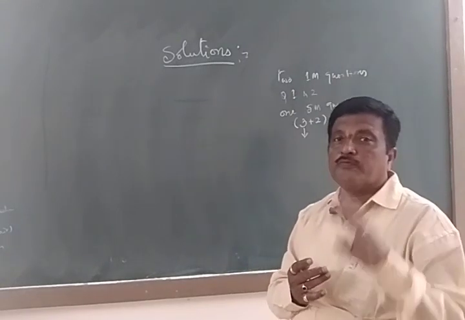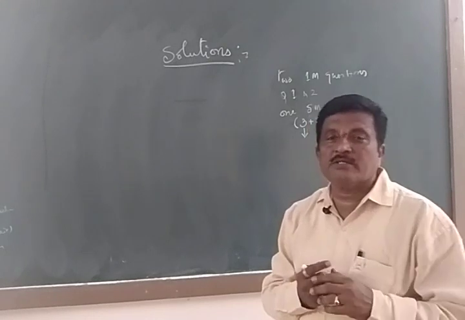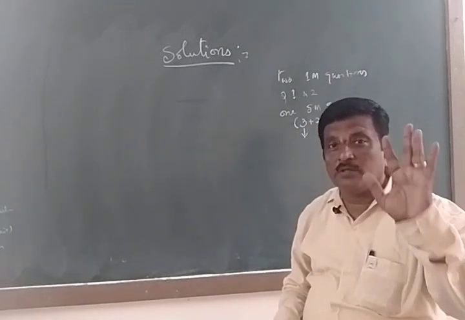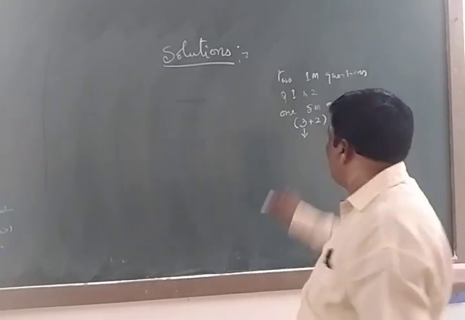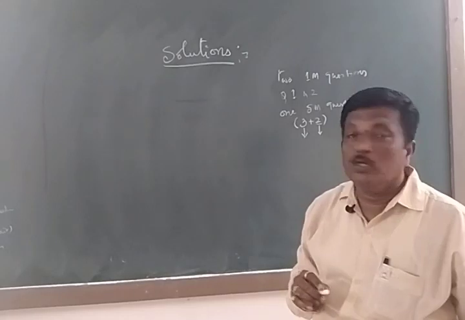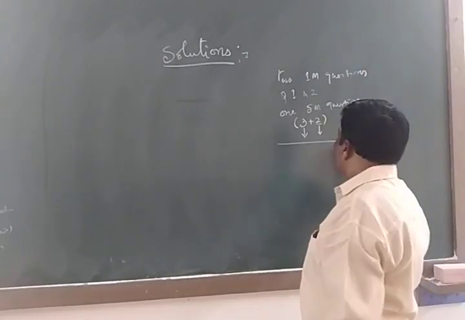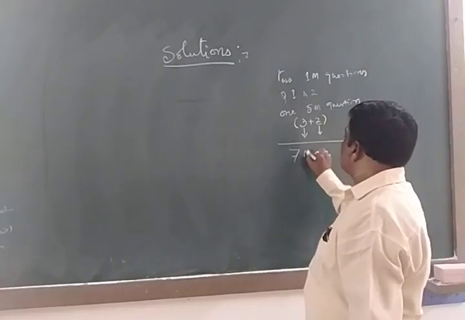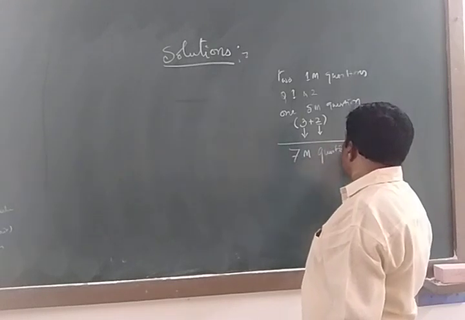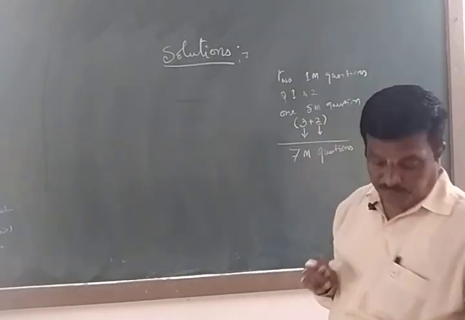So from these 4 colligative properties, you can expect 1 numerical for 3 marks and another 2 mark question. So total 7 mark questions from this chapter.